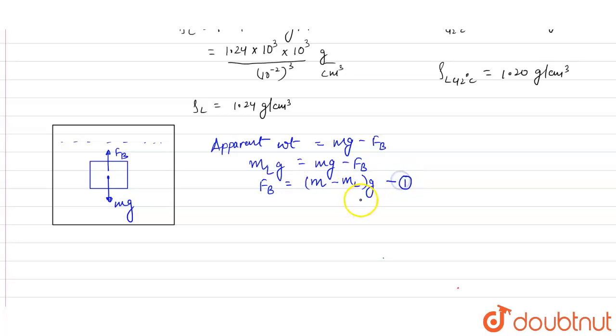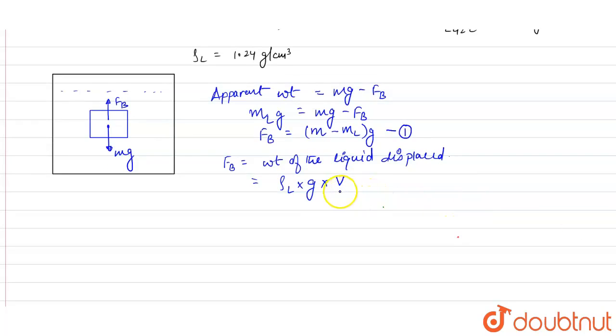Let us suppose it is equation number 1. As we know, the buoyancy force is equal to the weight of the liquid displaced, and the weight of the liquid displaced is the density of the liquid into g into the volume displaced. And the volume displaced is the total volume of the block, so let us suppose the volume of the block is v.